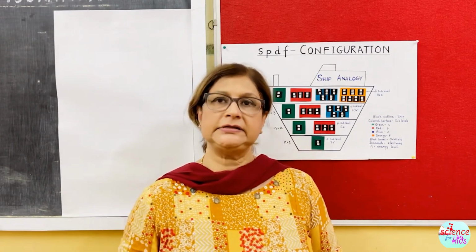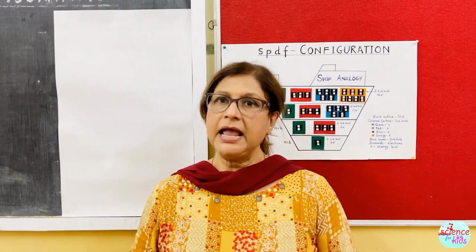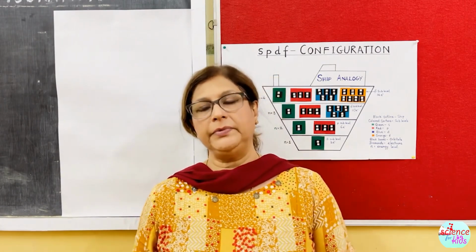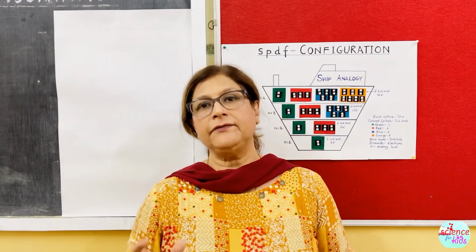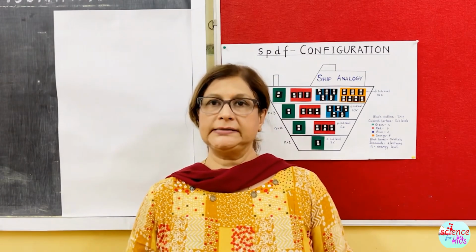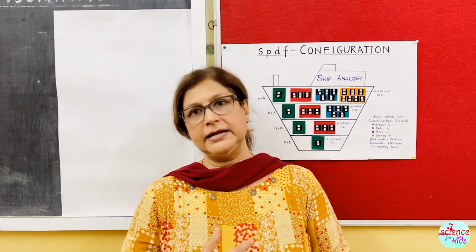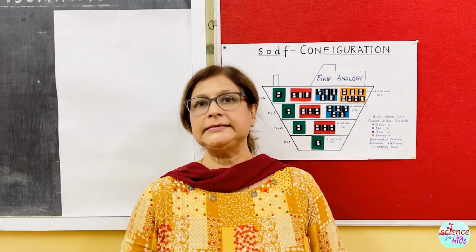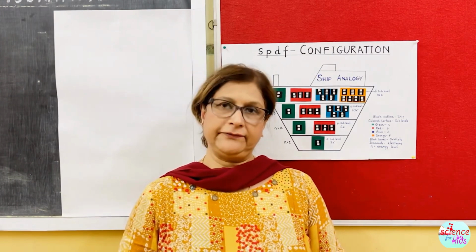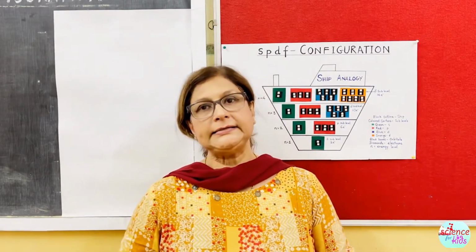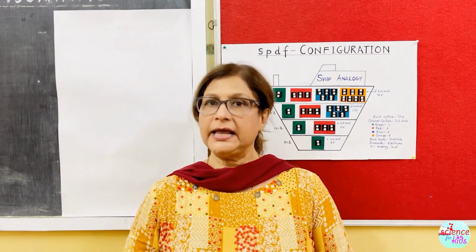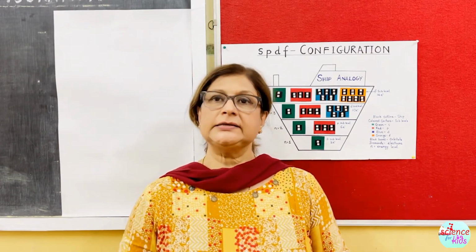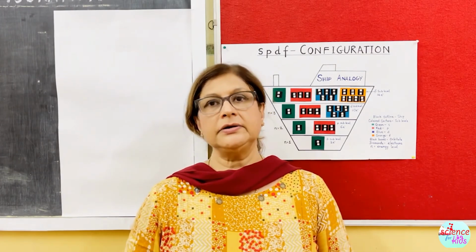These energy levels have energy sublevels, and the sublevels have further orbitals. And the electrons are found inside these orbitals. There are 4 types of energy sublevels. They are S, P, D and F. I hope that this 3-part video series was helpful to understand this complex concept of electron configuration.